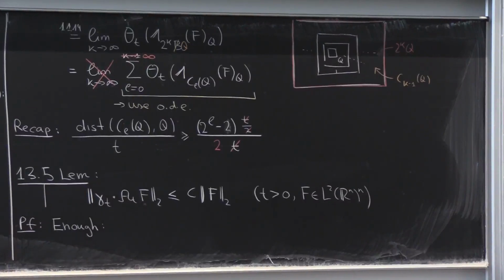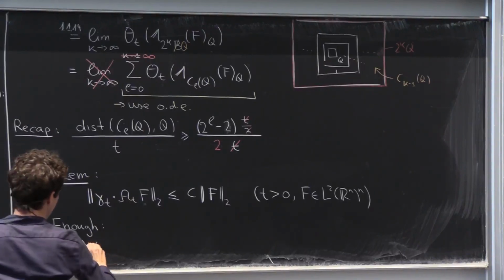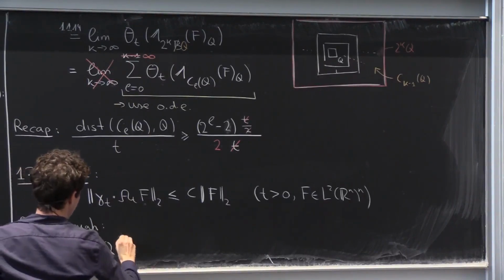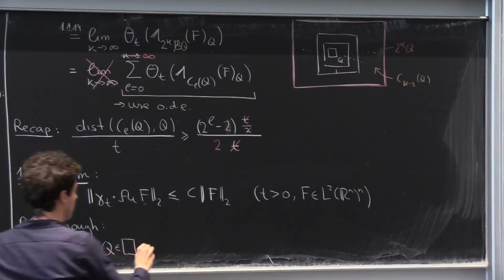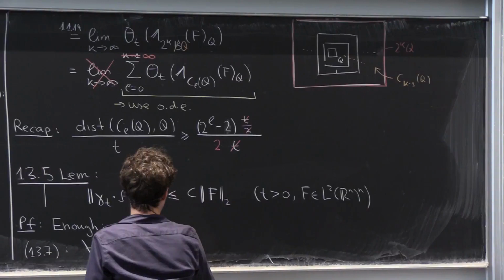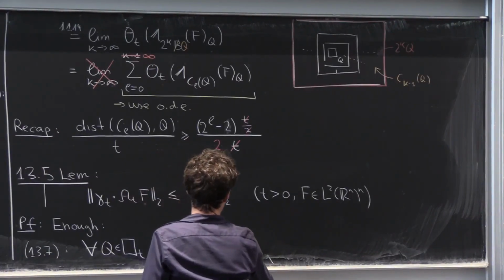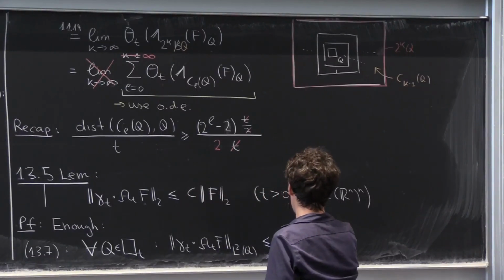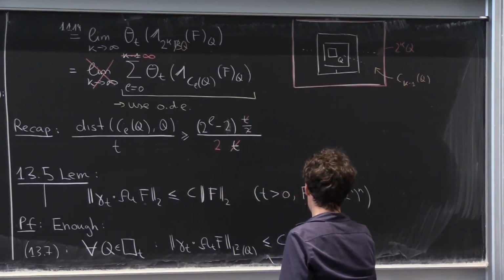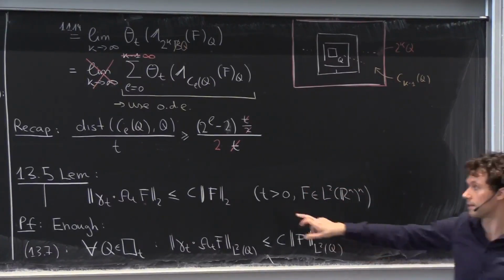Okay, so which equation is that? That should be 13.7 then. I claim it's enough to prove that for every dyadic cube of generation t, I can bound gamma t times a t f in L2 norm on Q by the same constant times f in L2 of Q. I claim if I have this, I'm done.